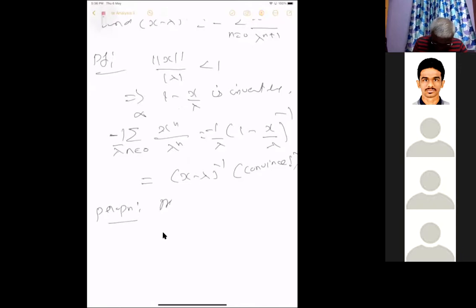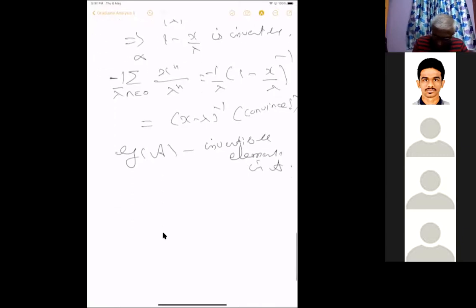Let's make a notation: G of A is all the invertible elements in A. Then the proposition: the inverse map, which of course is a bijection anyway, is a homeomorphism.